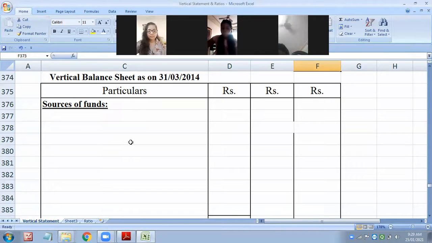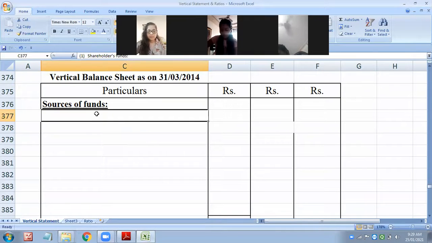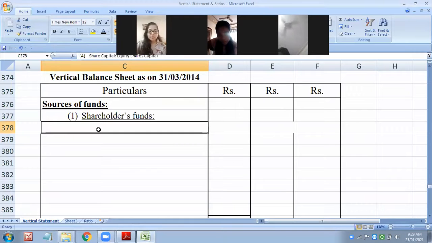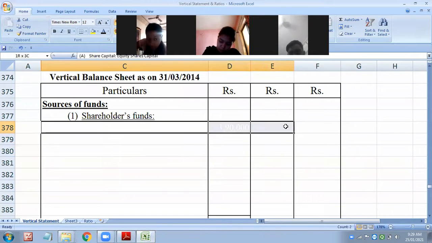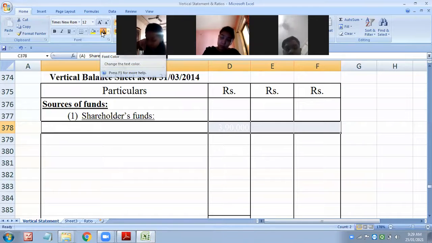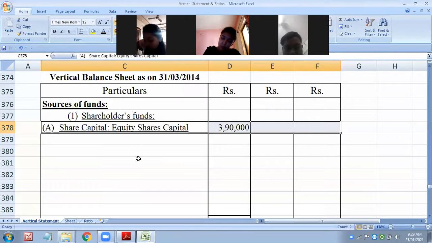Yes, sir. Okay. So first we are going to write shareholders fund. Everyone please write down shareholders fund. Then in shareholders fund, the first item to be incorporated is equity share capital.